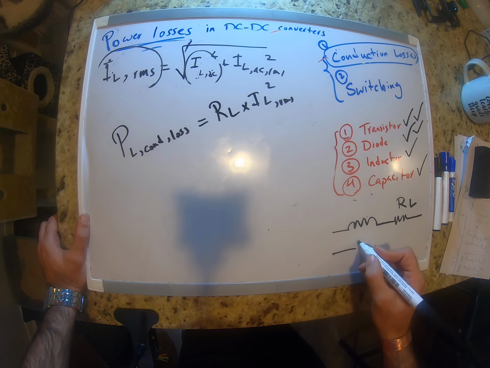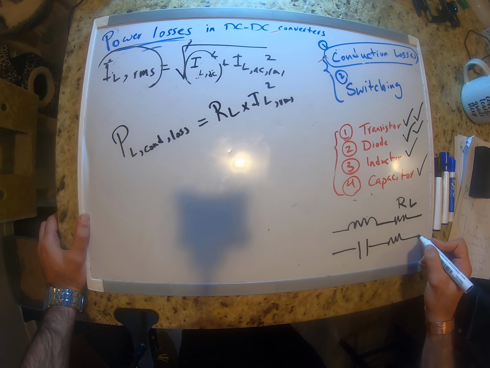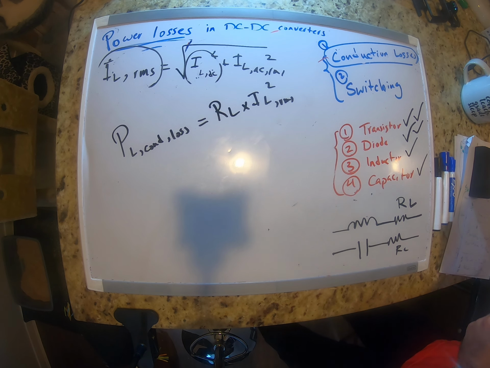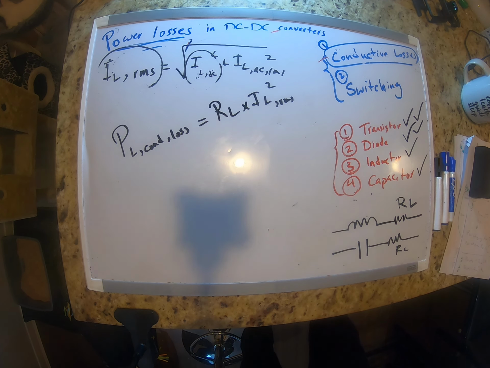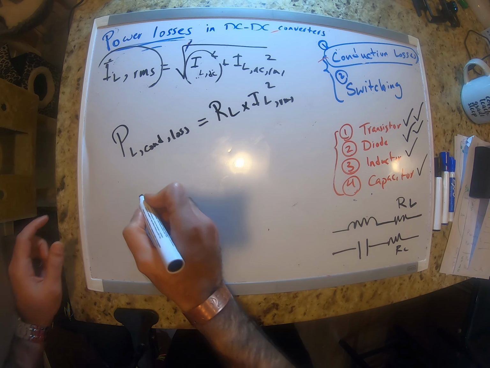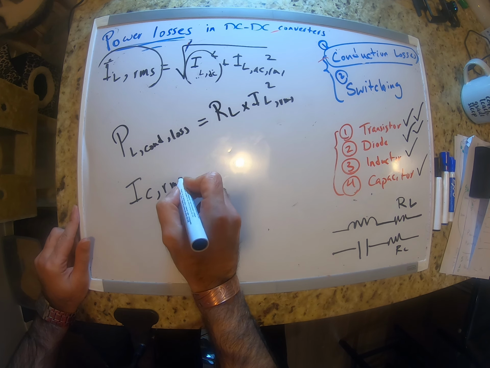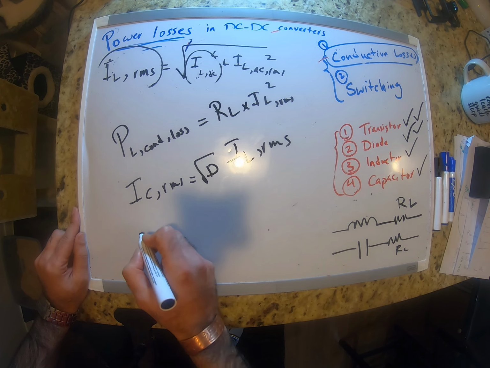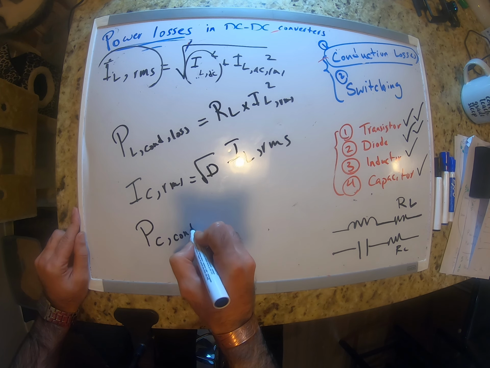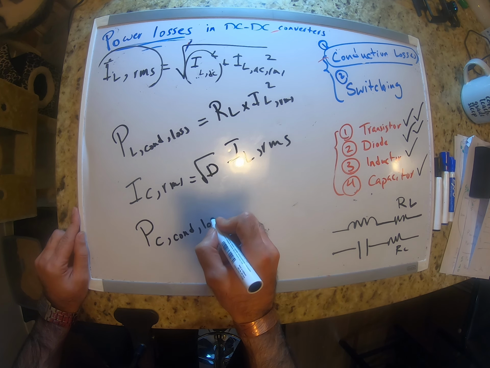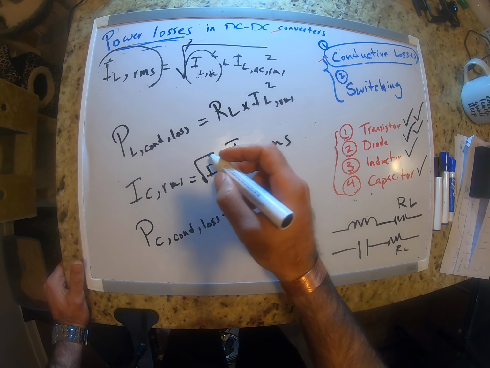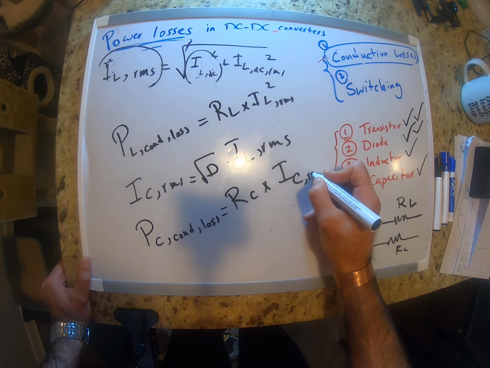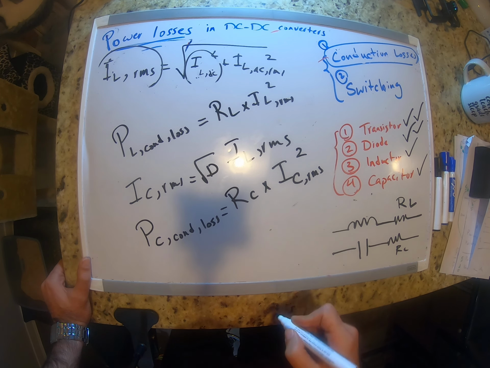Okay, for the capacitor, first of all, let me take a look at the IC RMS. For both cases, IC RMS is root D times IL RMS, and P sub C conduction losses is equal to RC multiplied by I sub C RMS squared, right?